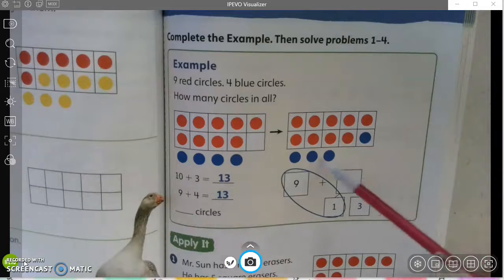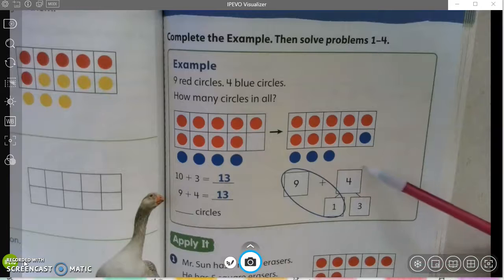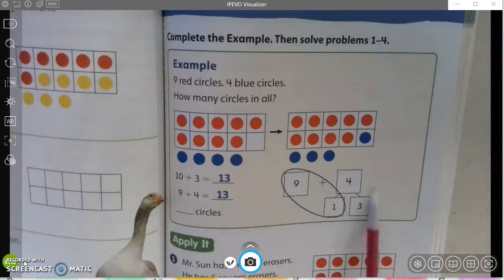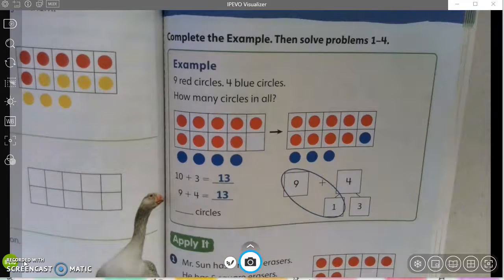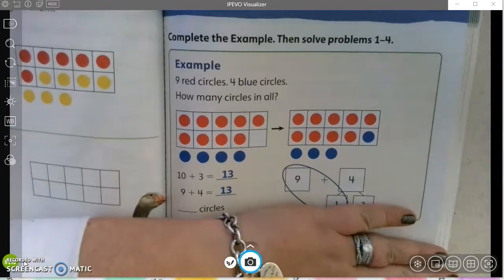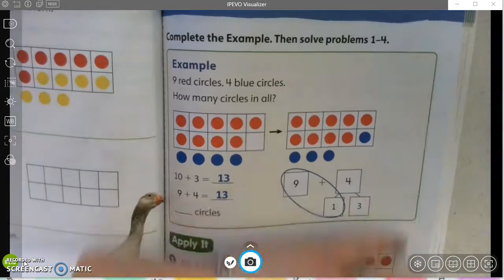One of the things that the second grade teachers would like you to be able to do is to know how to make a 10 using this strategy in order to add. So what we are doing is we're setting up our problem 9 plus 4. We had 9 red circles and 4 blue circles. So this part is just our addition problem.